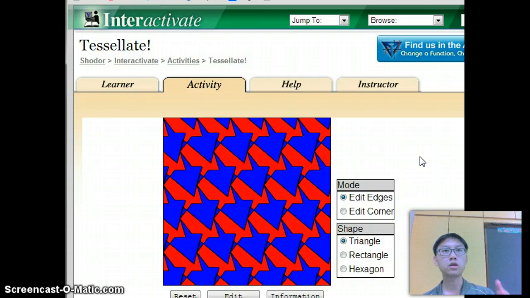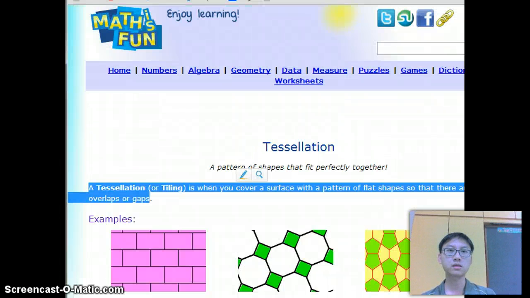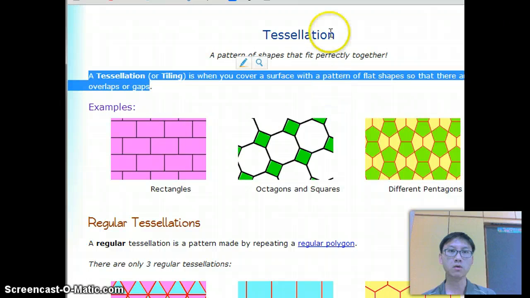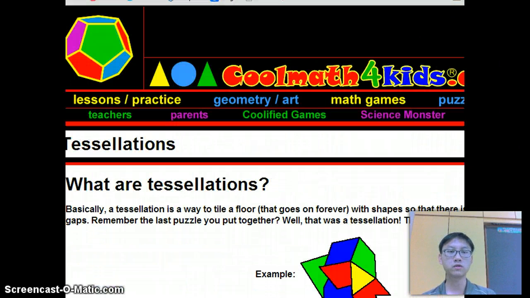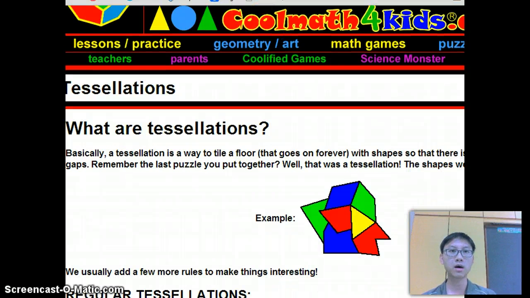Once you're done with that and you have time to spare, look at the links below. In the wiki space, I have added these links. I want you to go and just have fun, play around with some of the websites here. There are several websites. Some of them give you information about tessellations, and these two give you more information about what tessellation is about.